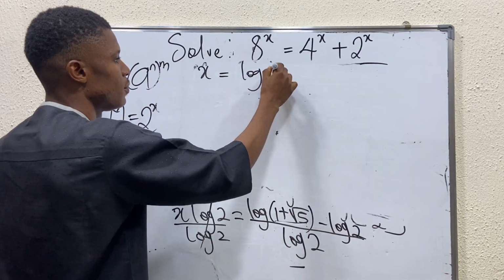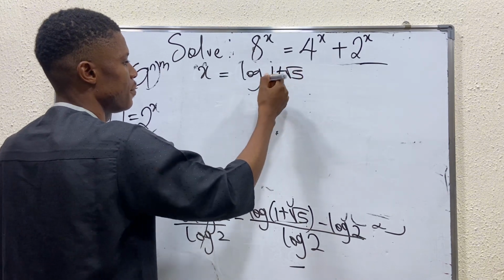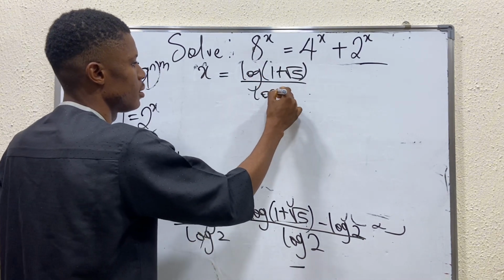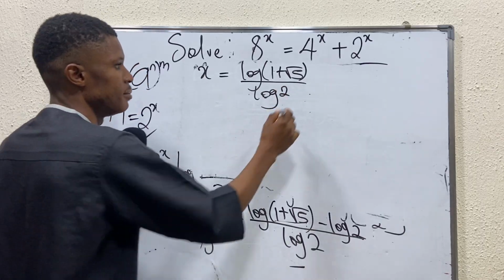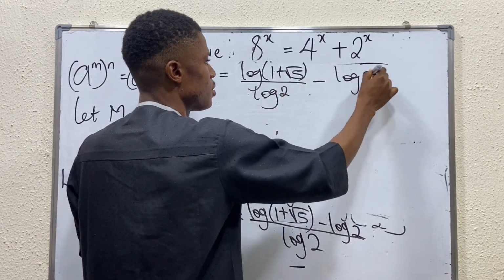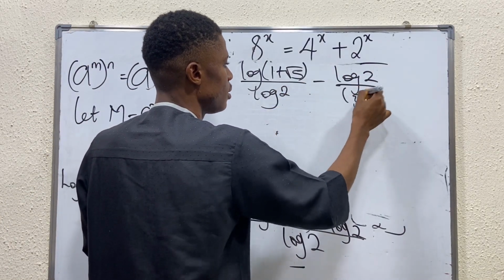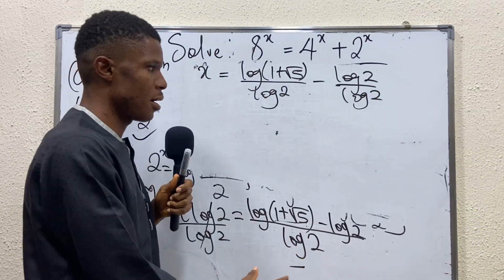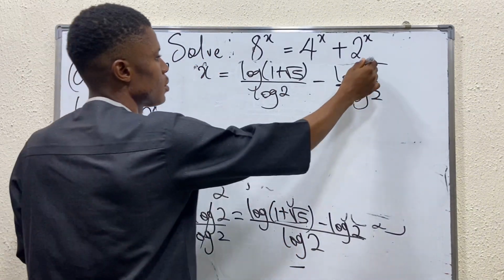Log of 1 plus root 5 divided by log 2, then minus log 2 over log 2. I just split the fraction here. Common denominator, so that log 2 will be out.